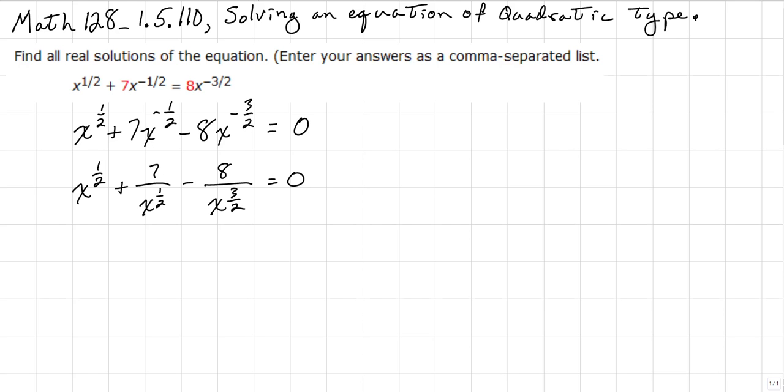Now what I want to do, since these are rational expressions, is go ahead and multiply through by the highest power of x in order to eliminate the denominators. And in this case, the highest power of x is 3/2. So that means when I multiply through by x to the 3/2, I'm going to be changing the exponents as I go through.